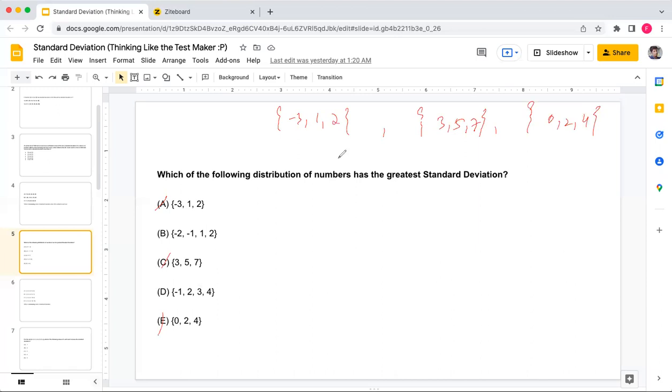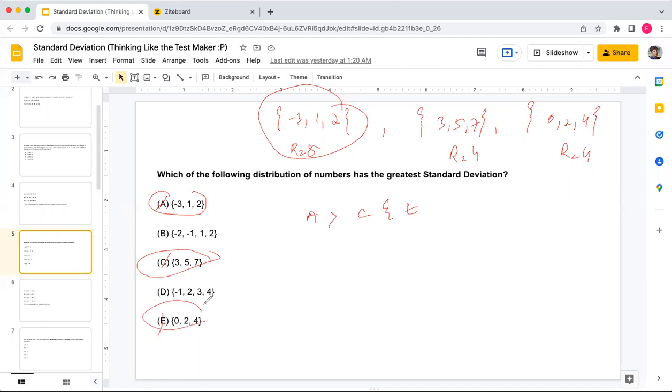I told you one thing: if you have data sets with the same number of elements, just see the range. The range of this is 5, the range of this is 4, and the range of this is 4, right? Straightforward. This data set A is greater than C and E, so right now you can ignore C and E. Now see B and D.